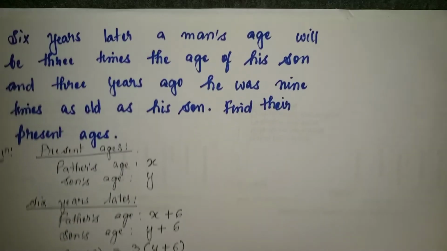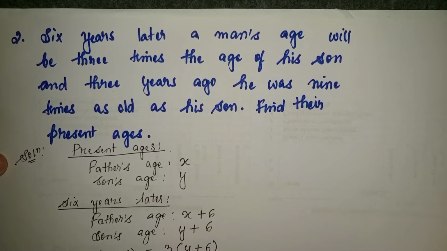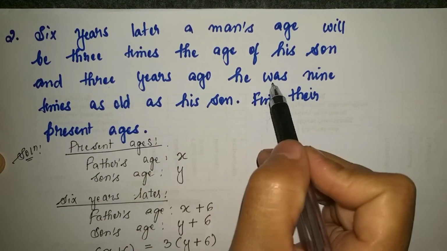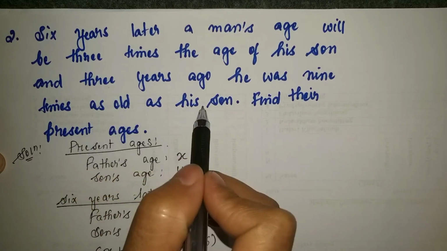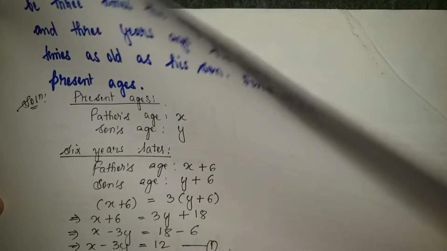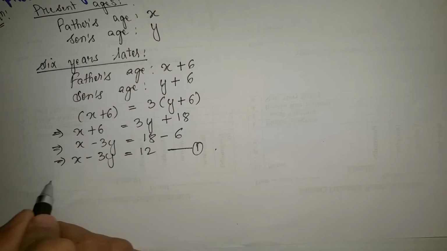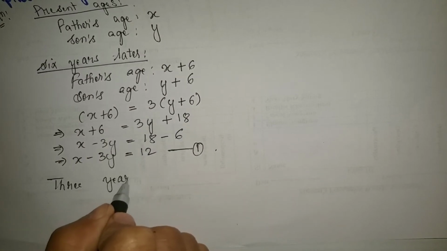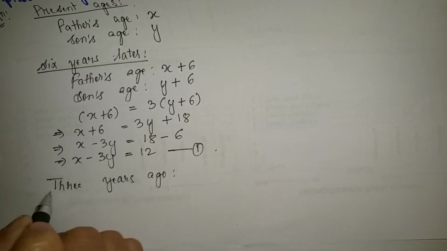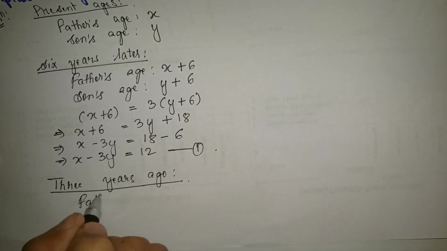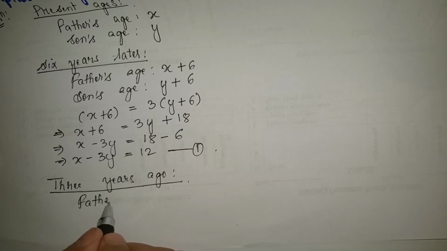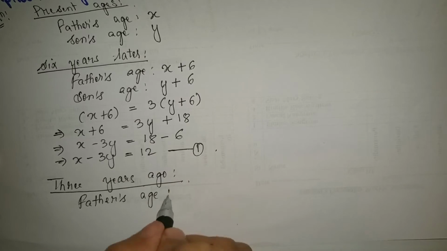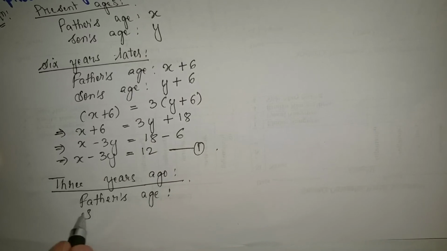Now for the second equation, I'm going to get it from here. 3 years ago, he was 9 times as old as his son. 3 years ago, what was the father's age and what was the son's age?